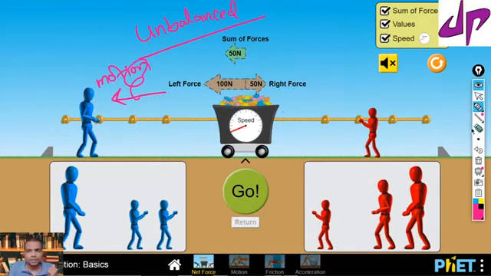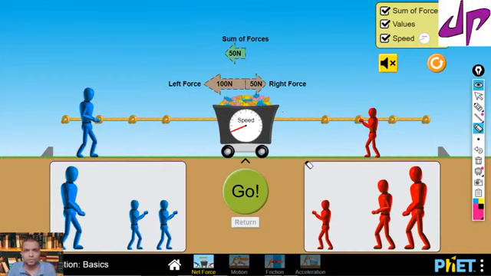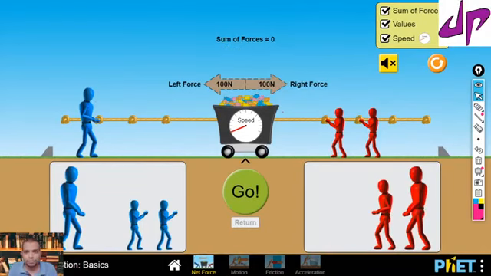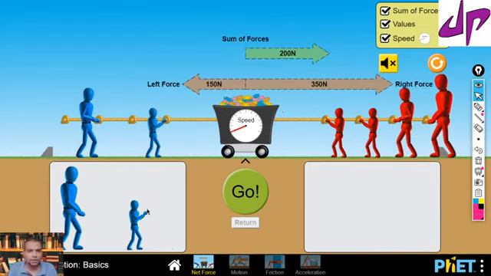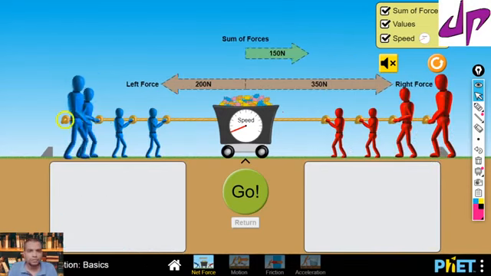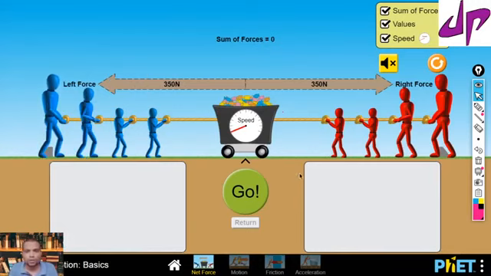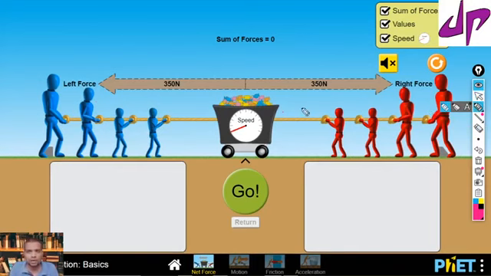Now let me take one more example for the balanced force. This time I will take the full team. I will take the full team on the left side and the full team on the right side. Here on the left, the blue team will apply a force of around 350 Newton, all together.